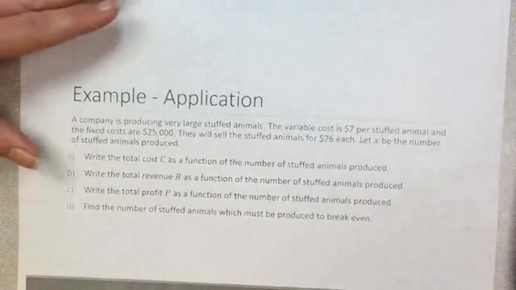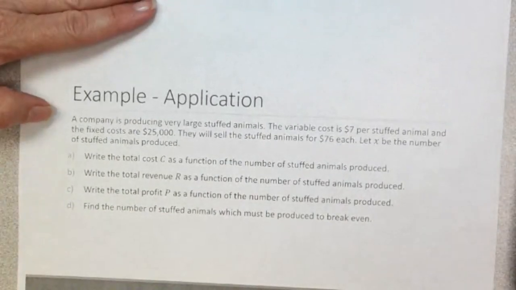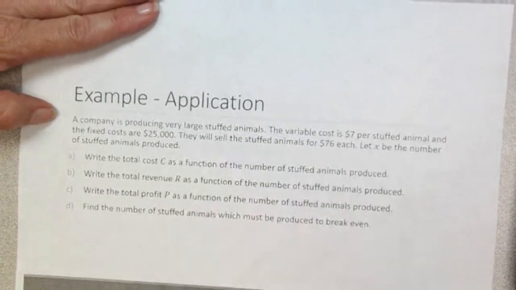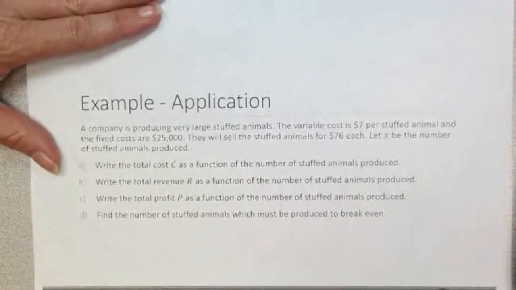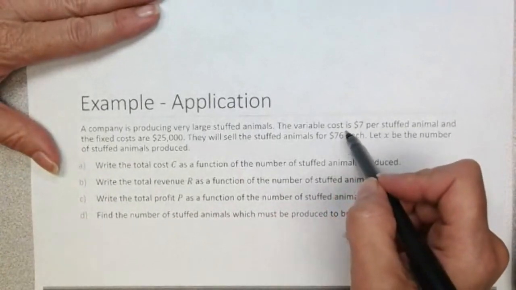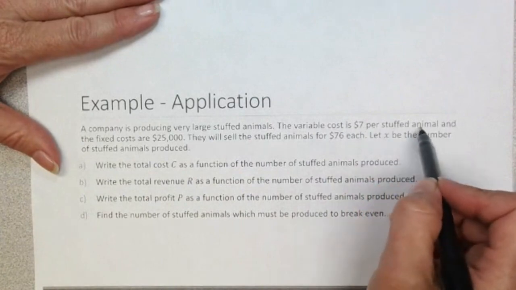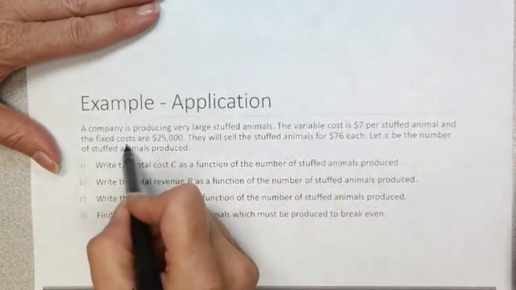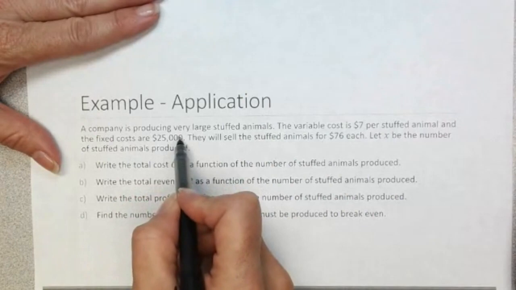Here we have a company producing very large stuffed animals. The variable cost is $7 per stuffed animal, and the fixed costs are $25,000.